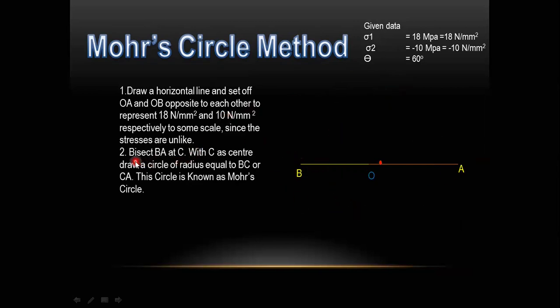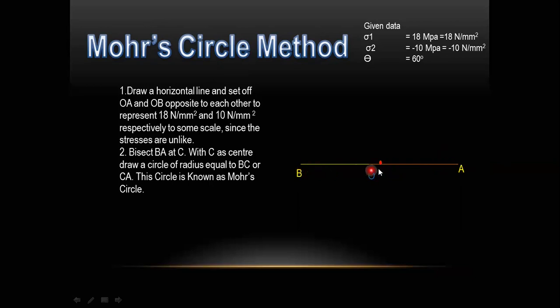The second step is to bisect BA at C, and with C as center, draw a circle of radius equal to BC or CA. For that we take the center point of the AB line, which we had drawn to scale.